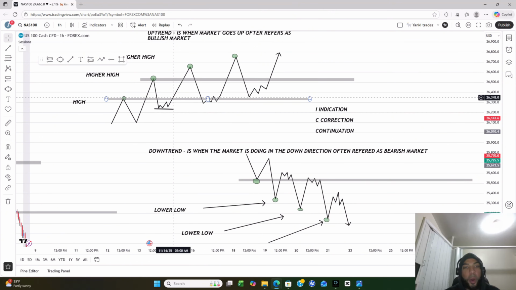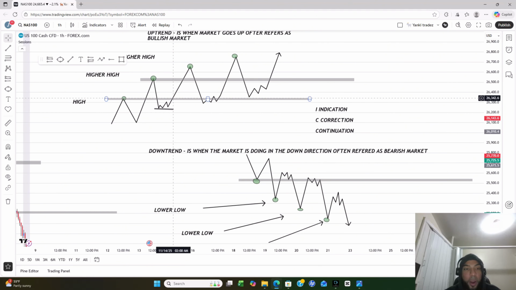Boom, you enter here. Do you guys remember that I was telling you about candle closure? When the candle closes, let's say at this level of 26,300, that's our entry.